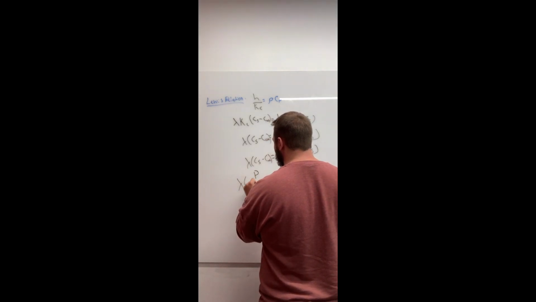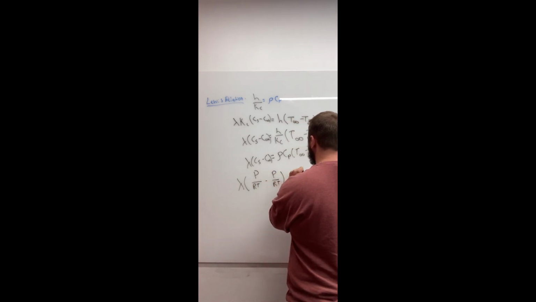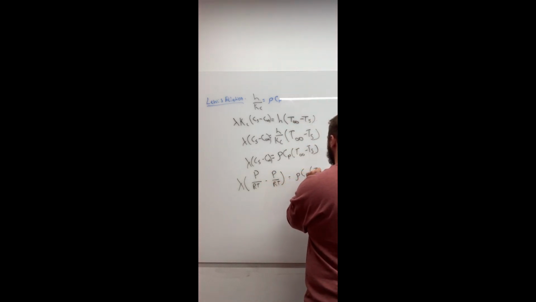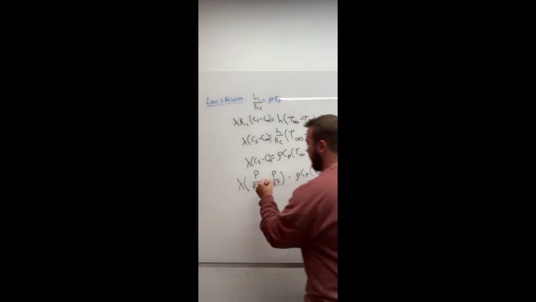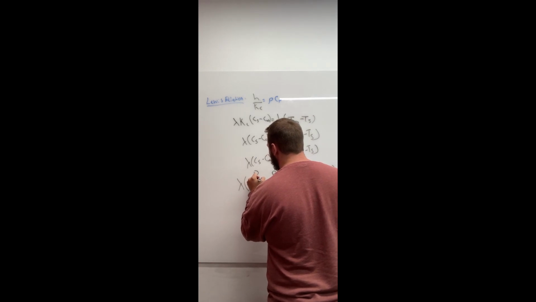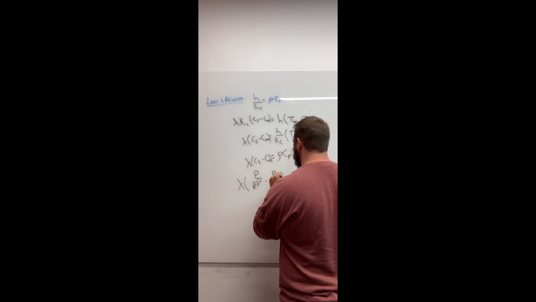We know that it's P over RT. Okay, so we know that it's P over RT, and we know that this is going to be water on the surface, and this is going to be air.